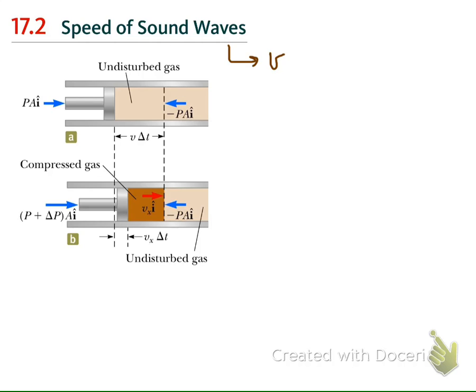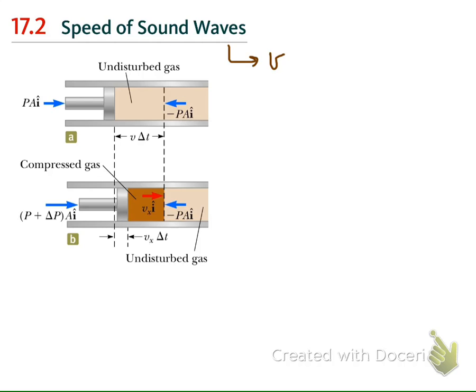Please note that the velocity of sound wave can be very different from the velocity of the motion of the piston here. Remember when we discussed the wave in the string, the velocity of the oscillation of the string can be very different from the velocity of the wave on the string.